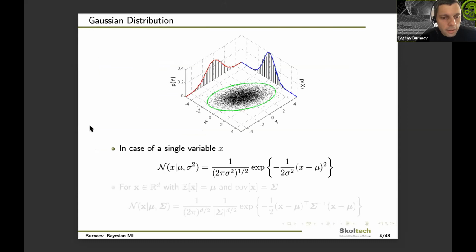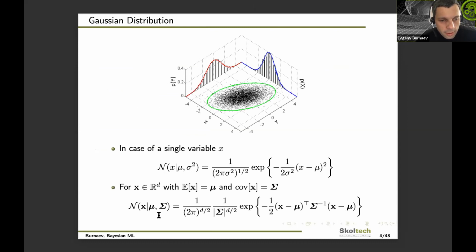First of all, this is the standard definition of the one-dimensional Gaussian distribution. This is the definition of the two-dimensional Gaussian distribution. So the density of the Gaussian distribution is given by this formula here.